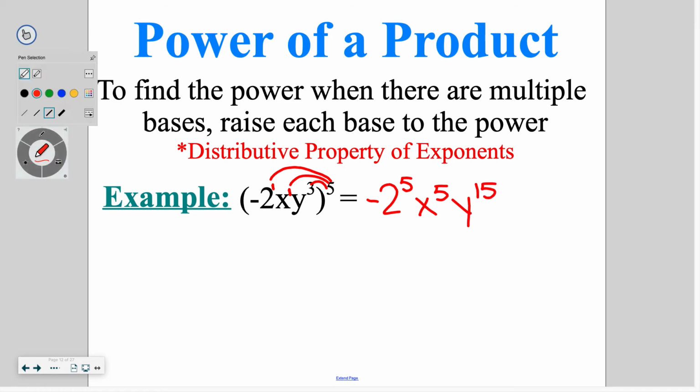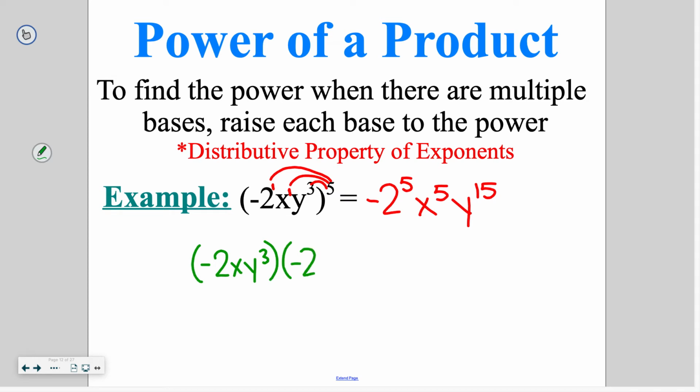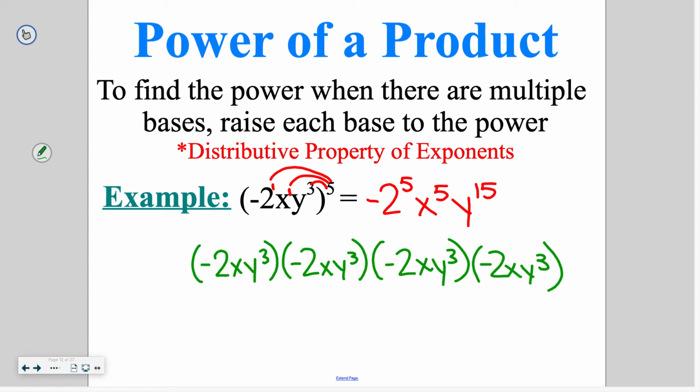Again, why does this happen? So this is saying that the power that I have, -2x y to the 3rd, I have that 5 separate times over. That's what raising it to the 5th power means. If I have each of these things 5 times, I need to account for all 5 of them in my final answer.